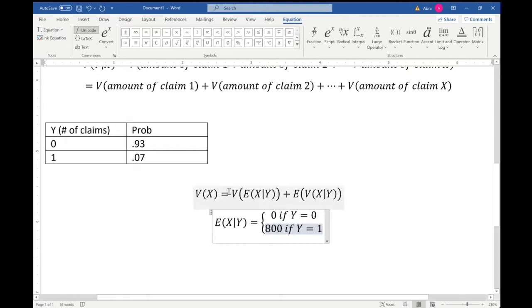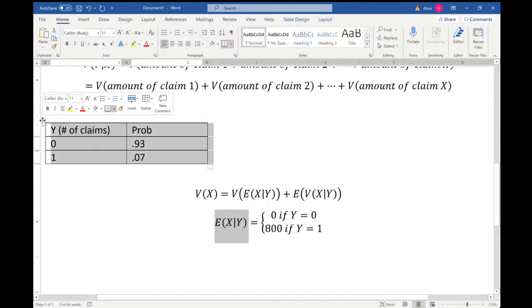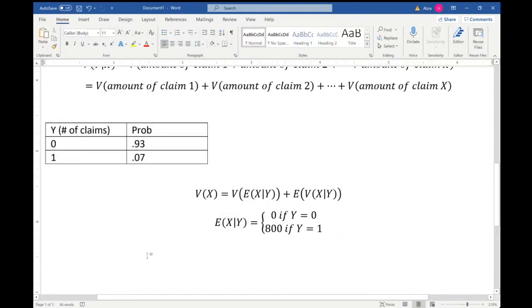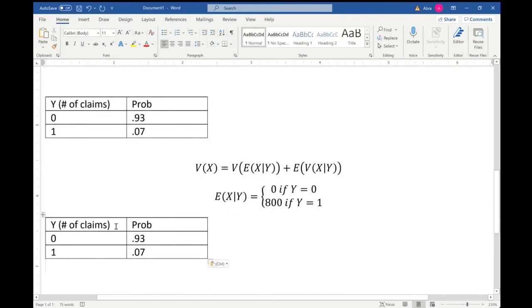All right, so now when you go to find the variance of the expected value of x given y, you can think about this expected value of x given y as being your new random variable, like z. So we could actually make a table for its distribution.